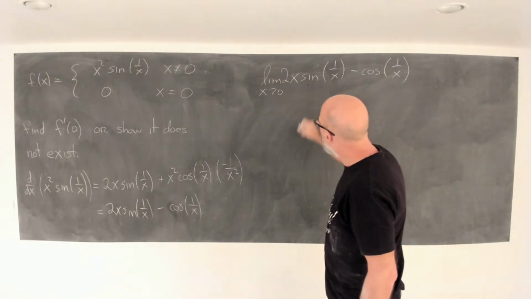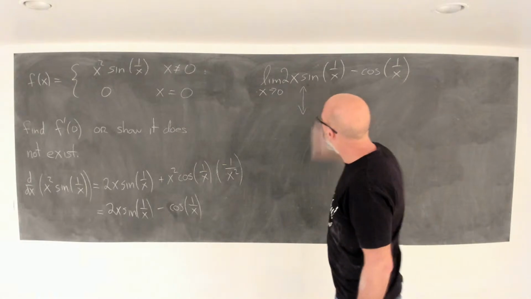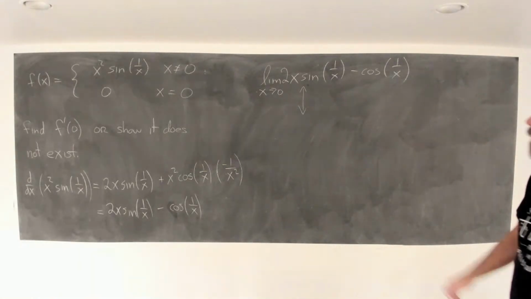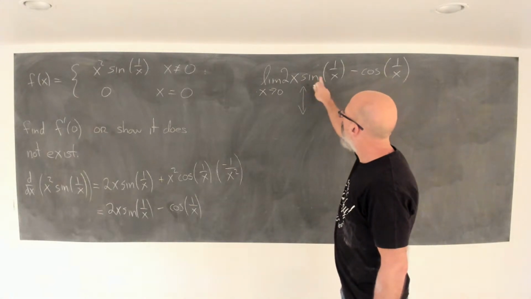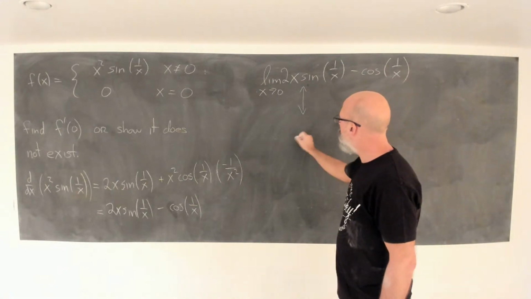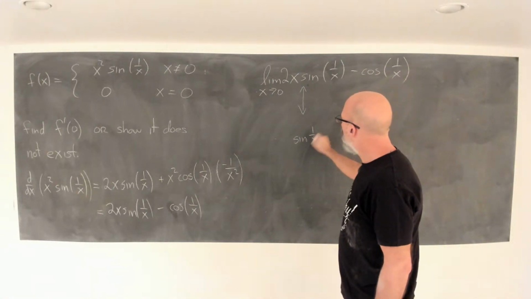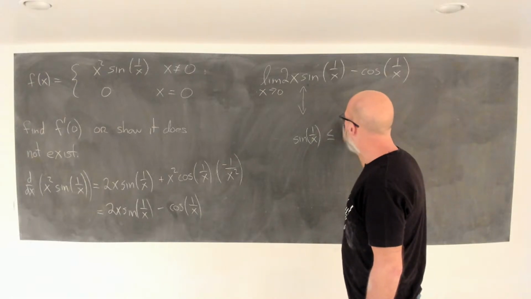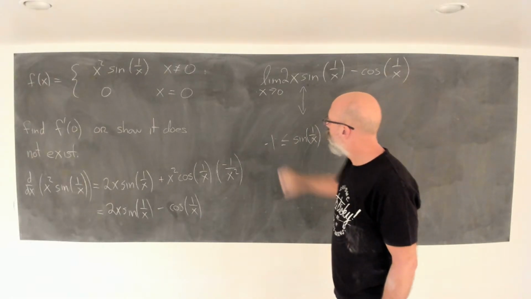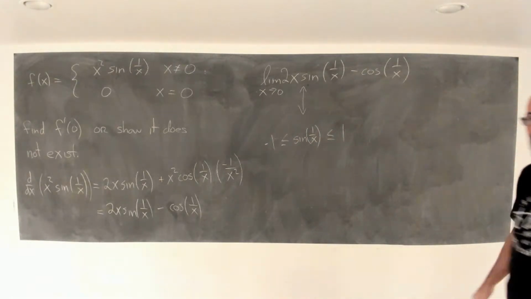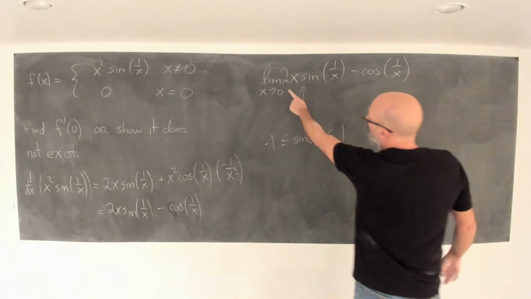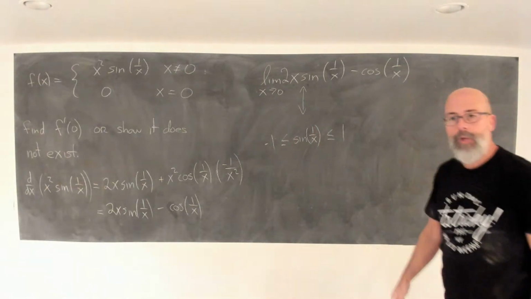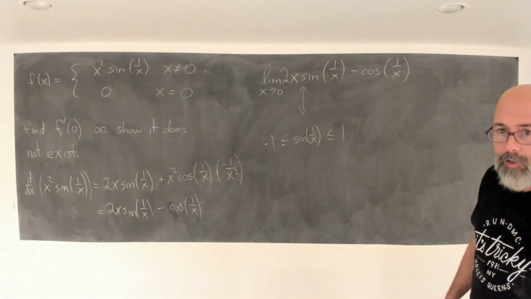Let's look at this piece, taking the limit as x goes to 0. You know that sine is always between -1 and 1. So if you multiply the whole inequality by 2x, now it's going to depend on whether x is bigger than 0 or x is less than 0.